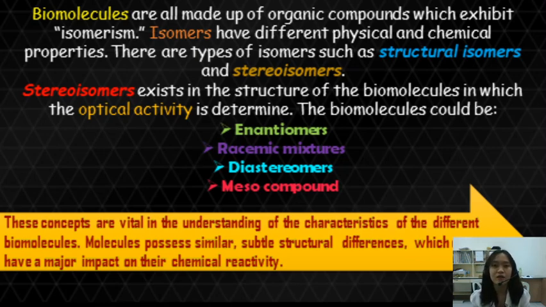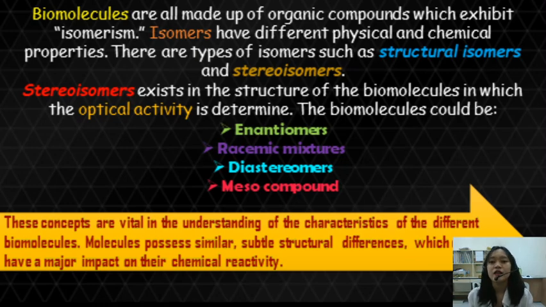So their structures vary. Okay. So, as we said, you have two types of isomers, the structural isomers and the stereoisomers. Stereoisomers exist in the structure of biomolecules in which the optical activity is determined.